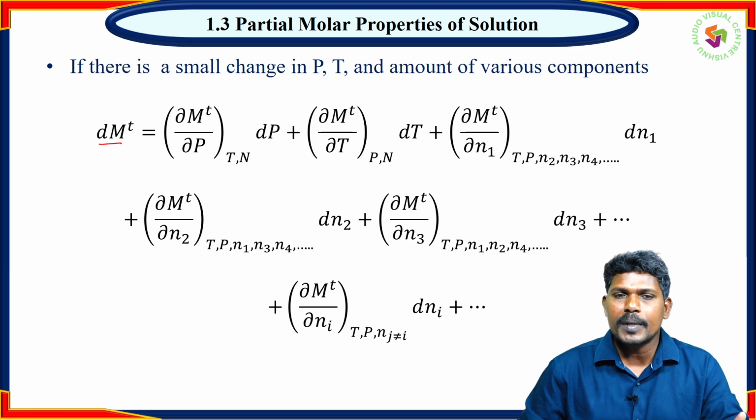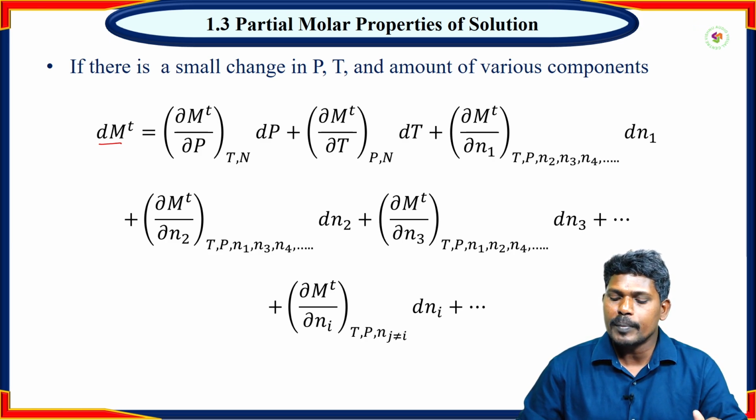That is ∂Mt/∂P at constant temperature and number of moles, total number of moles, into dP, plus ∂Mt/∂T at constant pressure and total number of moles, dT, because we are deriving with respect to temperature.